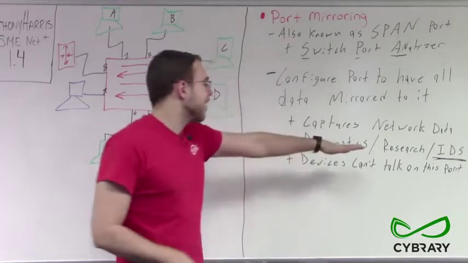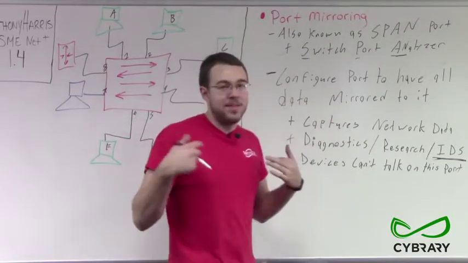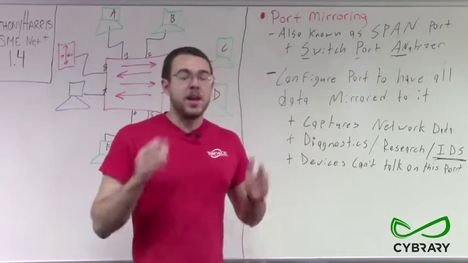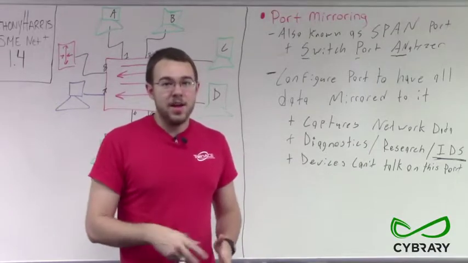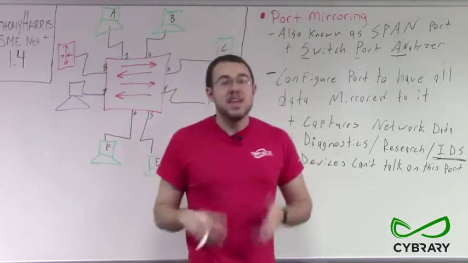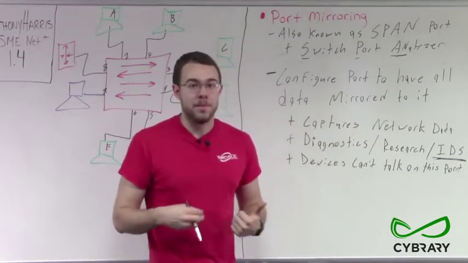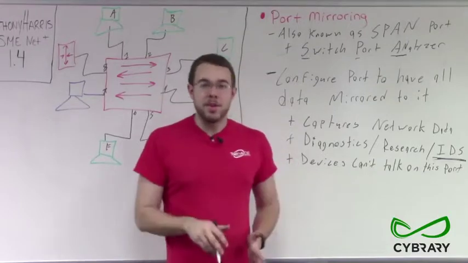So that's why we can set up IDSs on mirrored ports, because an IPS, an intrusion prevention system, actually stops those attacks. That would have to actually be in between us and wherever the data is coming from. If we're just having the data mirrored to us, it's just a copy of the data.